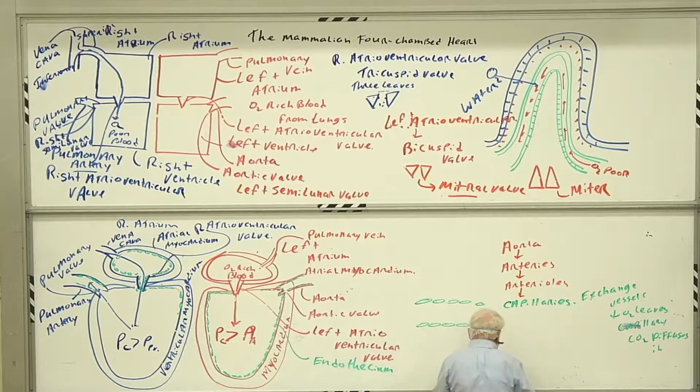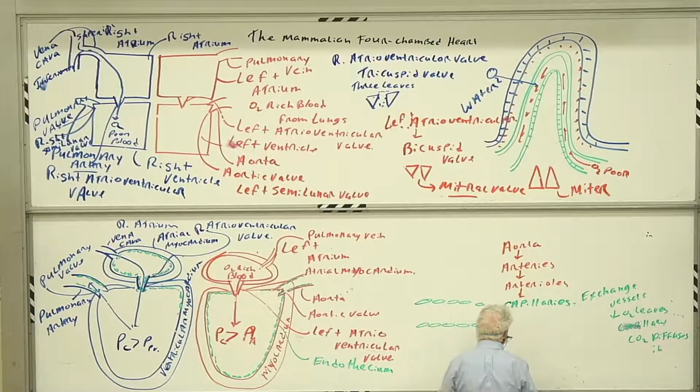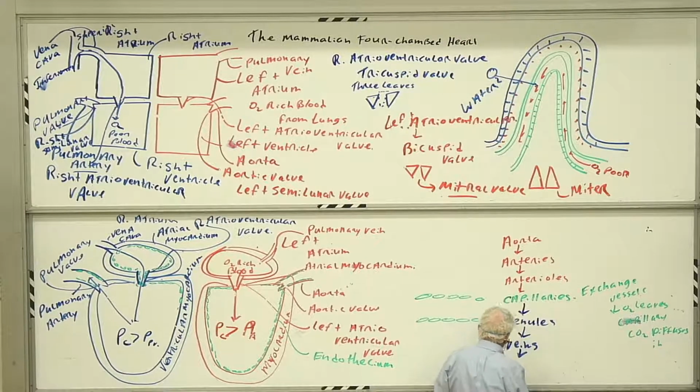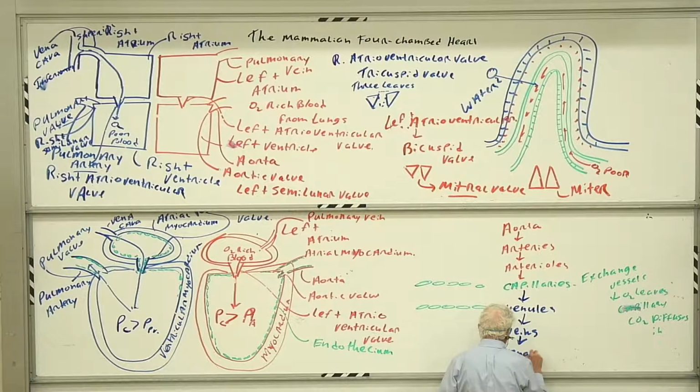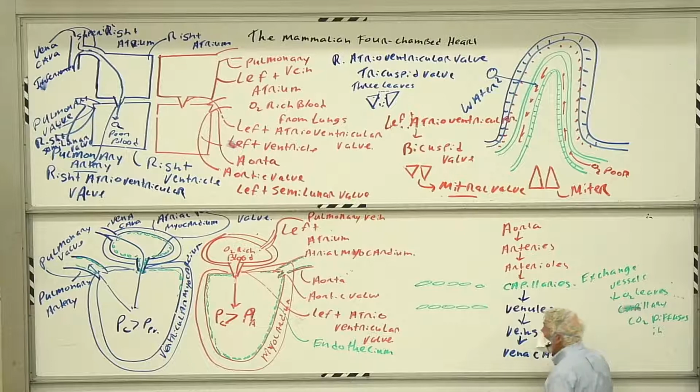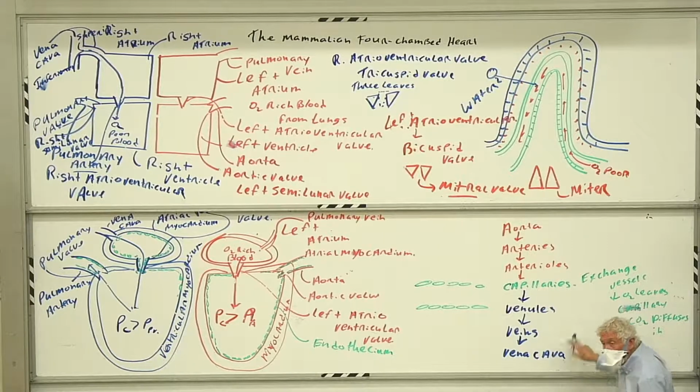But then from the capillaries, that blood is gathered together into another set of tubes called venules. And the venules will drain into veins, and the veins will then drain into the vena cava. And from the vena cava, of course, we go back to the right side of the heart, and we start the circulation all over again.